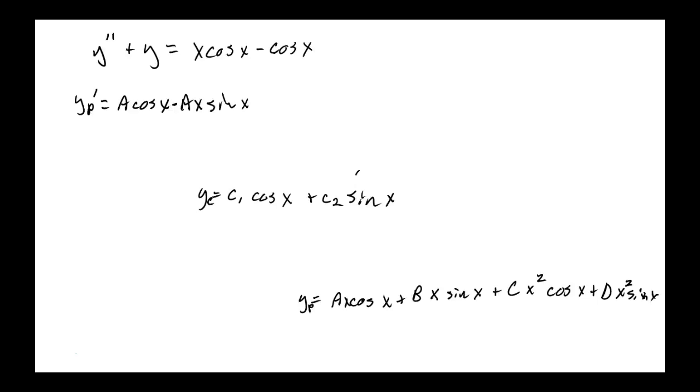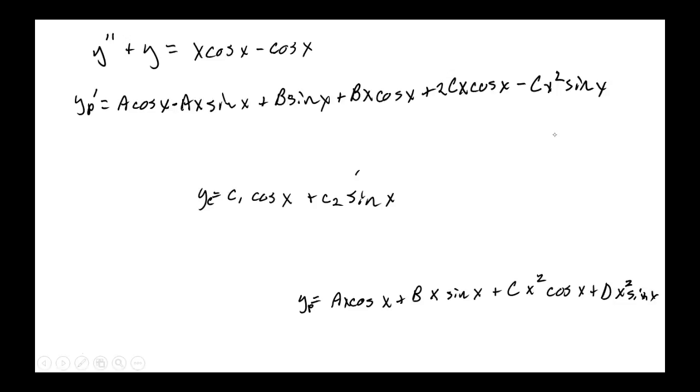So that's the derivative of the first term, plus b sine x plus b x cosine x, because derivative of sine is a positive cosine. Next, plus 2cx cosine x, have to wait for my pen to catch up, minus c x squared sine x.